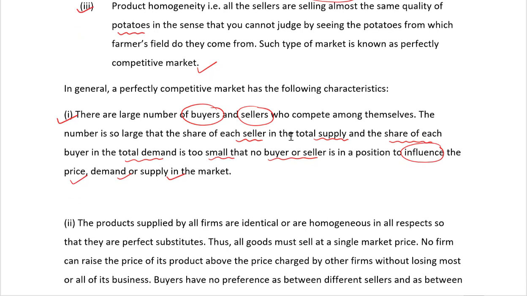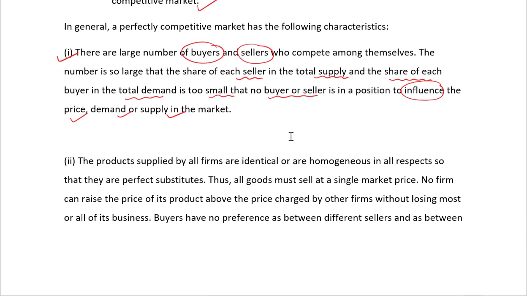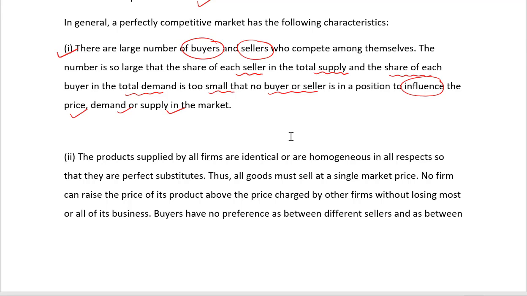So there are a large number of buyers and sellers in the market, and no buyer or seller is in a position to influence either the demand or the supply in the market. I believe we understood till here.